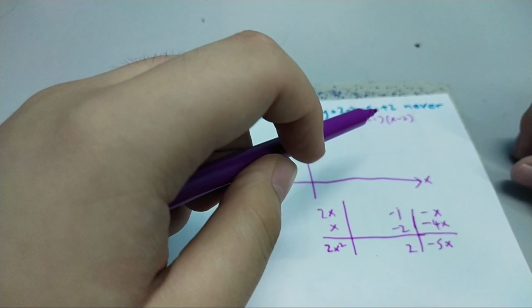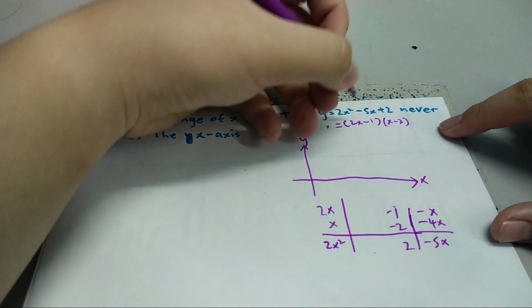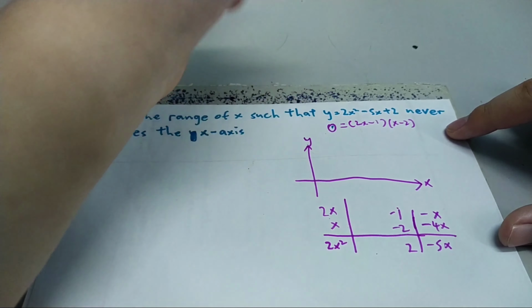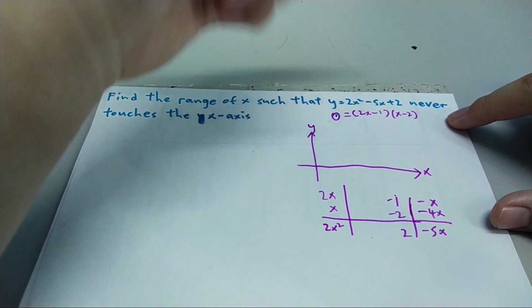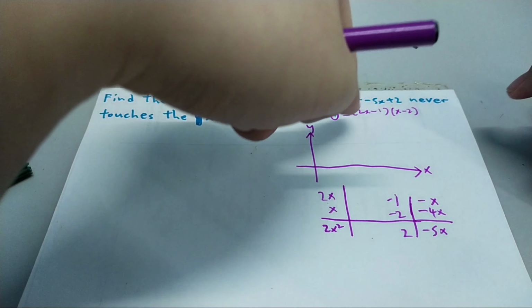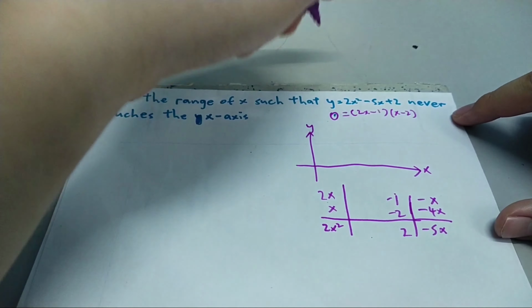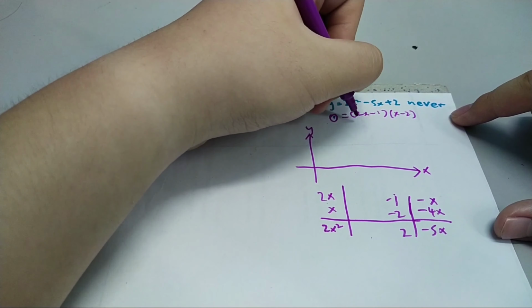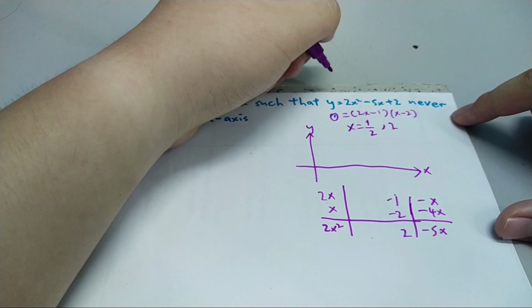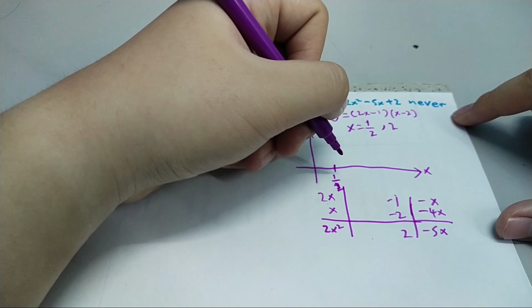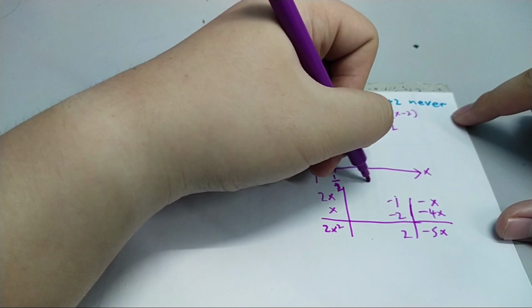Then we find the roots, or zeros, or x-intercepts, so we set this equal to 0. We separate the linear factors because we have the equal to 0 situation, and then we can find the roots. The roots of this quadratic function are x equals 1 over 2 and 2.